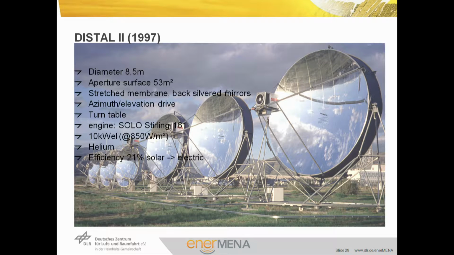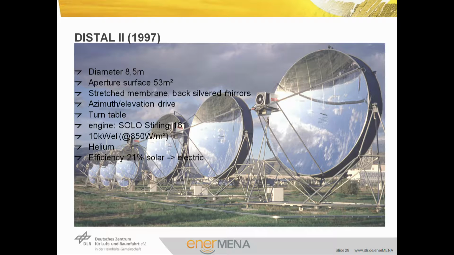Since the Distal 1 system was quite successful, the same company, SPP, initiated the next project. It was called Distal 2. The systems were built in 1997 at the PSA also. Diameter was increased to 8.5 meters. The aperture surface is 53 square meters. It's using stretch membrane technology for the concentrator with back-silvered glass mirrors on the front side.